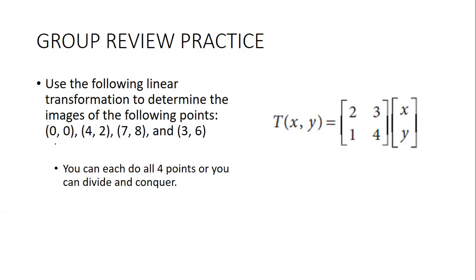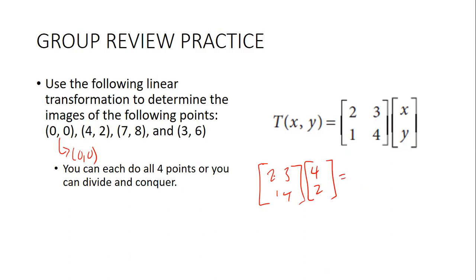0, 0 is easy. What was going to happen with 0, 0? It was going to stay 0, 0, right? If it's at the origin, it's going to stay at the origin, okay? Now 4, 2. So there's two ways I could have set up 4, 2. Way number one, I could have set it up as a matrix. 2, 3, 1, 4 times 4, 2. That's my X and my Y. You multiply, add, multiply.